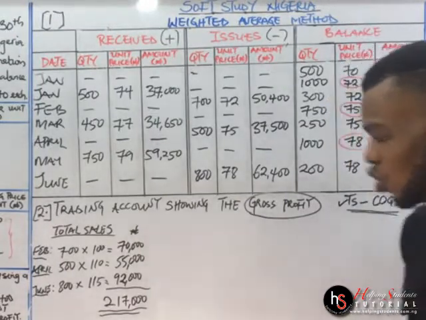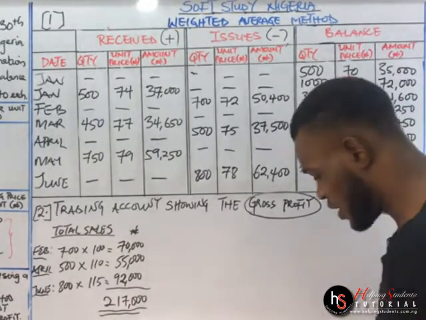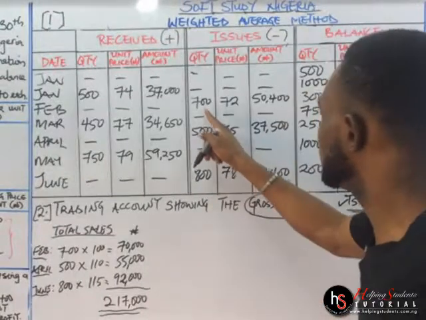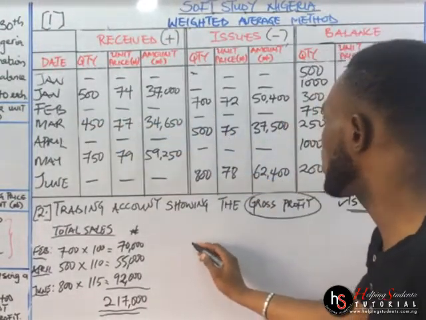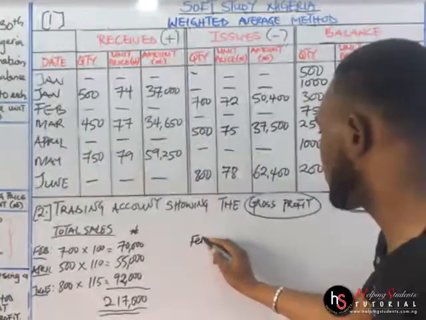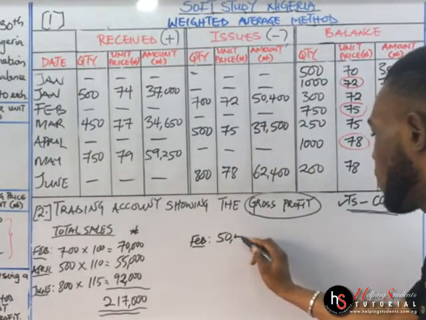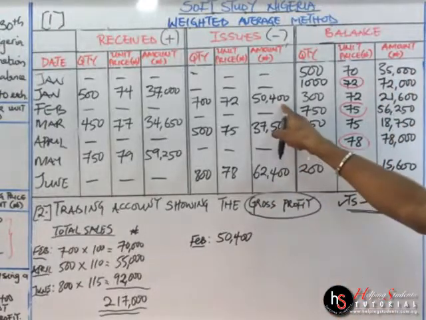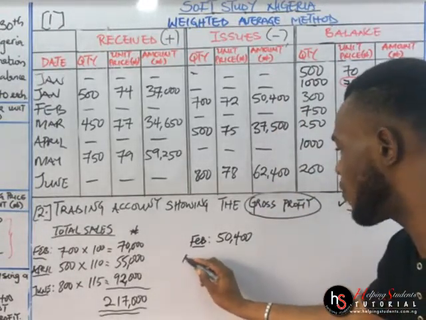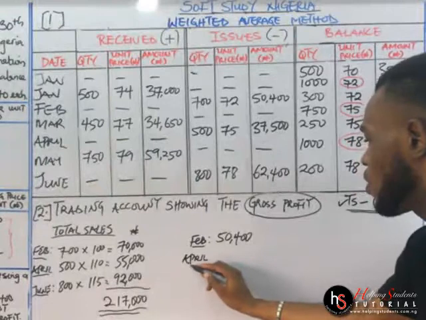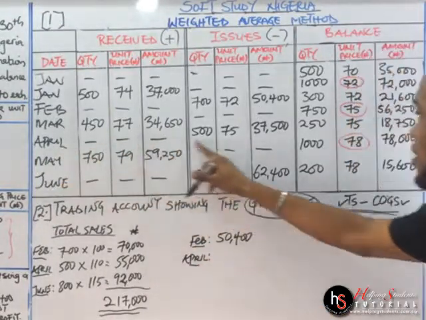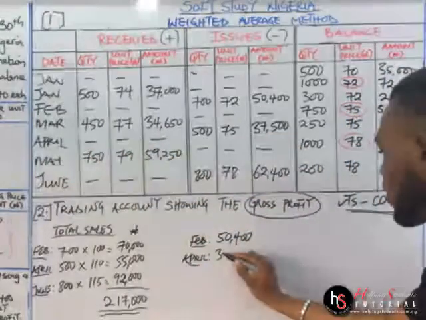So what we do to determine this, this is for February as well. February, we have 50,400. This is what we're picking now. Now for April, this is 37,500.